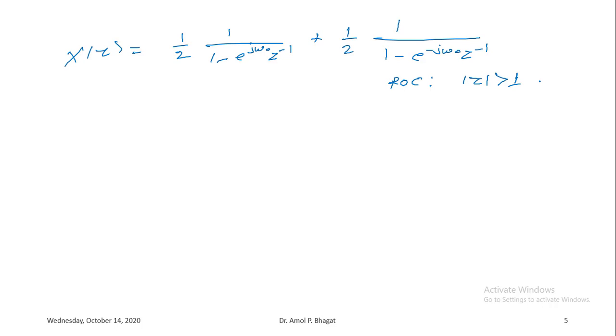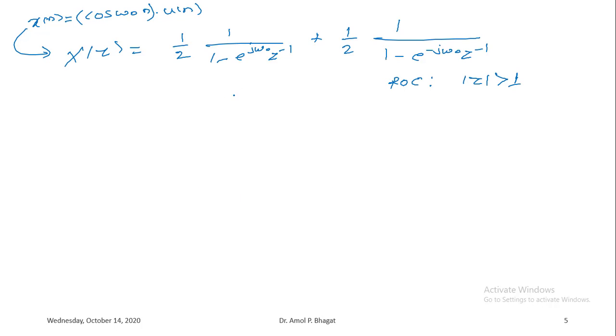So this is the required Z transform of the given signal. The given signal was x of n equals cos omega 0 n into u of n, and its Z transform is this one.